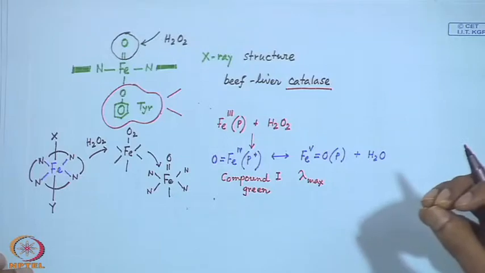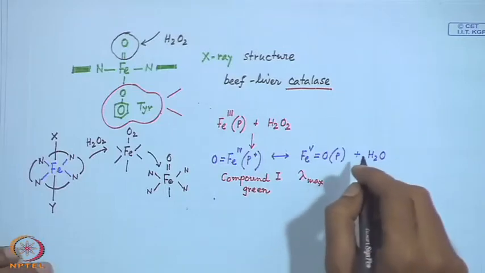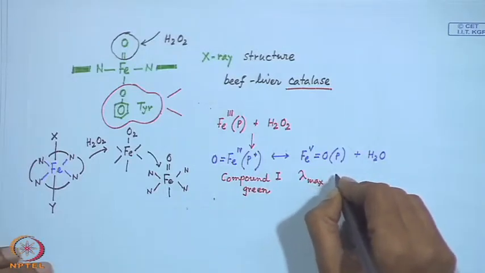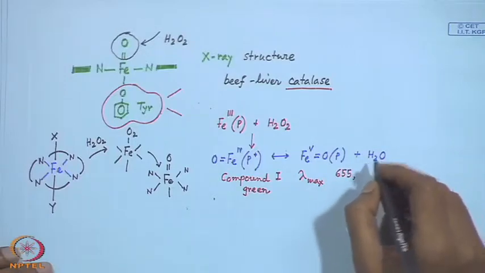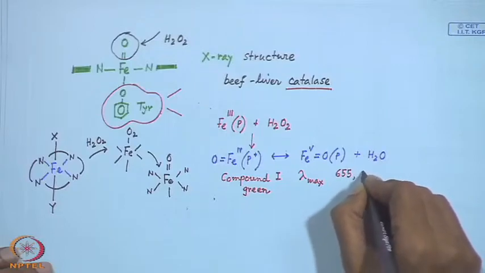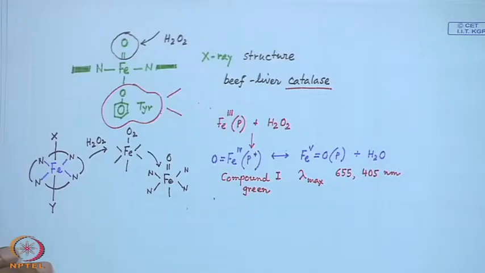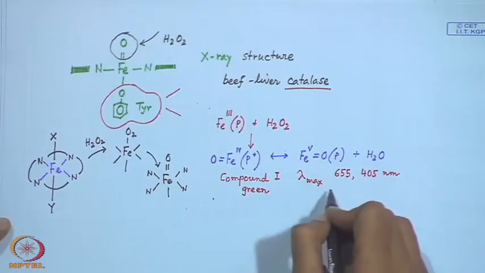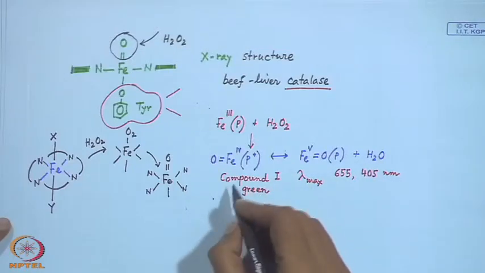When it goes for complexation with iron, it changes color, and then if you have hydrogen peroxide, it changes to a green color, and it has some prominent lambda max values, like that of cytochrome C oxidase, at 655 and 405 nanometer. So as long as you are with this particular species, that means the oxidized porphyrin, and Fe2 plus Fe4, we get a corresponding signature for this particular absorption. So, we get compound 1.